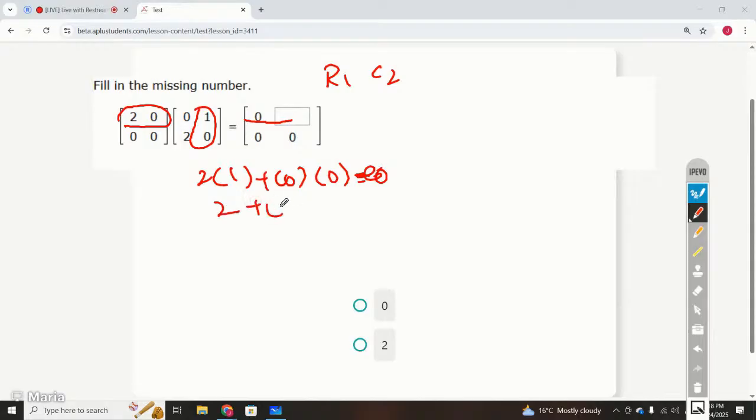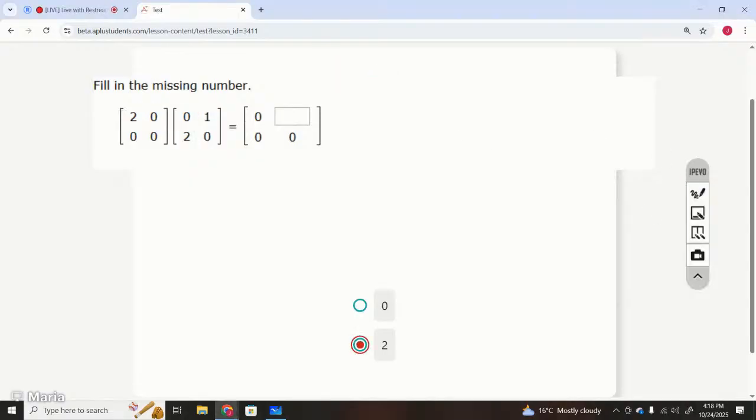So 0 plus 2 is 2. That is 2. Option number 2 is the correct option.